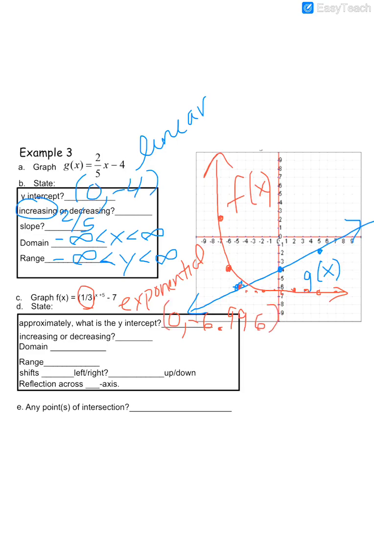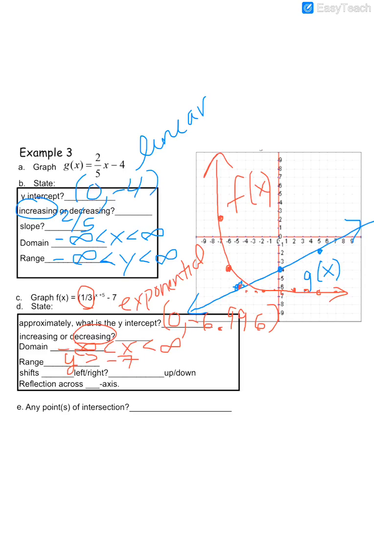It's pretty precise. Increasing or decreasing? I'm going to go with decreasing. Domain, -infinity is less than x, which is less than infinity. Range, y is greater than -7. It's not touching -7, but it's pretty close to it.